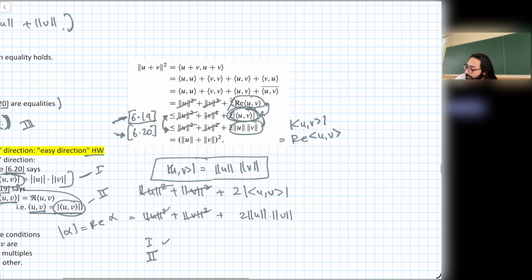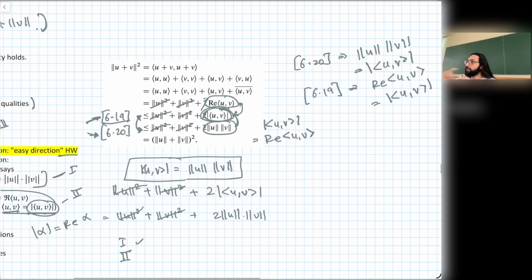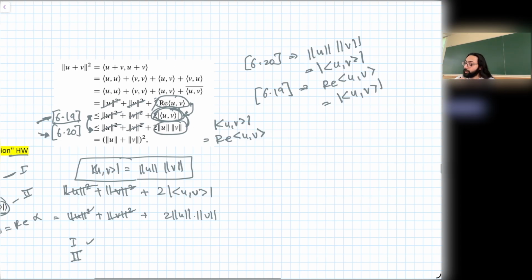Right? So let me write it again. So 6.20 implies that the norm of u times the norm of v is the same as the inner product of u and v. Right? And 6.19 is saying what? This implies that the real part of uv has to be the same as the absolute value. And now we're going to use the fact that the real part of a complex number is this.